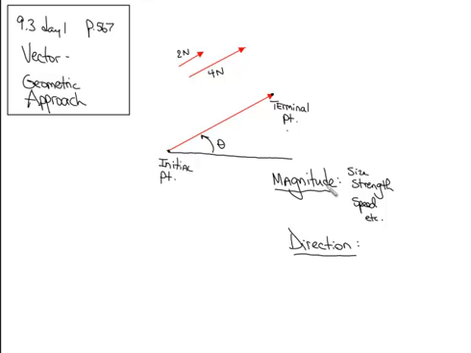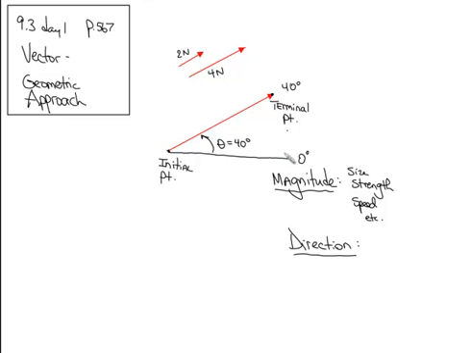Just like we did with the unit circle, we start with 0 degrees pointing in the positive x direction, and we increase as we go this way. So for example, this may be a 40-degree direction for this vector if theta is 40 degrees. Every vector has a magnitude represented by the length that it's drawn with, and it has a direction.